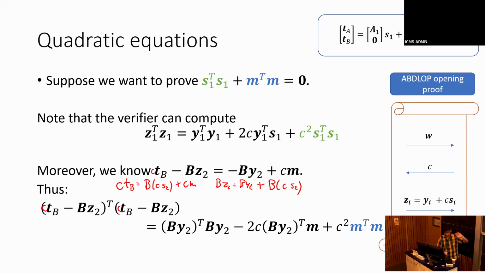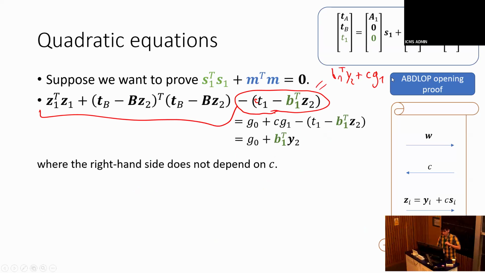The same, literally. Now subtracting this allows me to cancel out CG1. So I get this part, where the right-hand side doesn't depend on C, right? So that's nice.